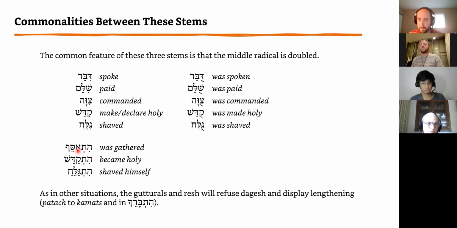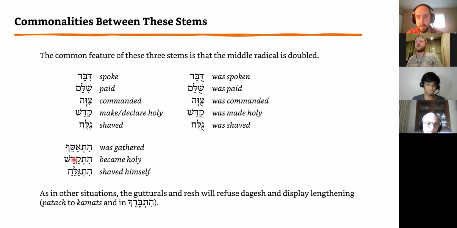That is, the actor both does the action and it happens to him. So most of the time, Itasef is going to be plural. Itasfu, they gathered, like they gathered together. It's like they're calling each other and they're coming together. The action is happening to them and they're doing it.